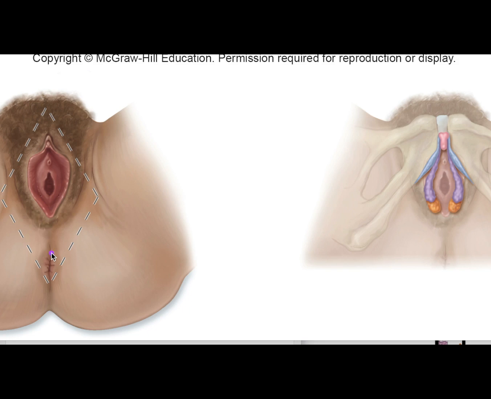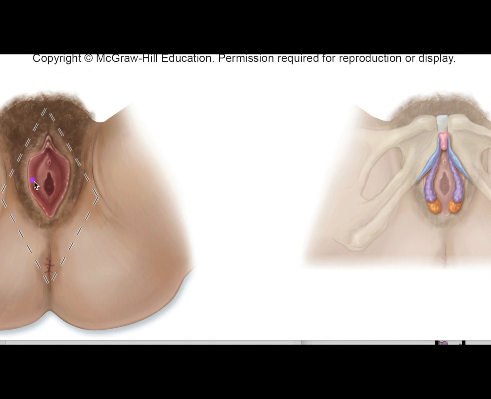And the mons pubis is this fatty pad that sits on top of the pubic symphysis here. And post-pubescence, it is covered with hair, and then that hair also grows on the labia majora on the outside here.